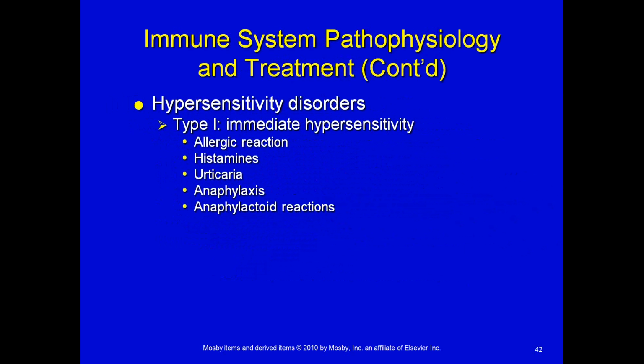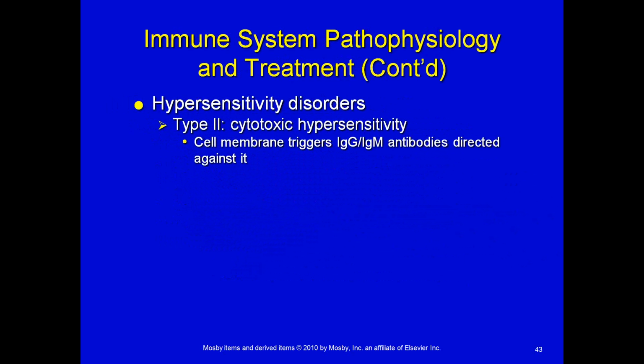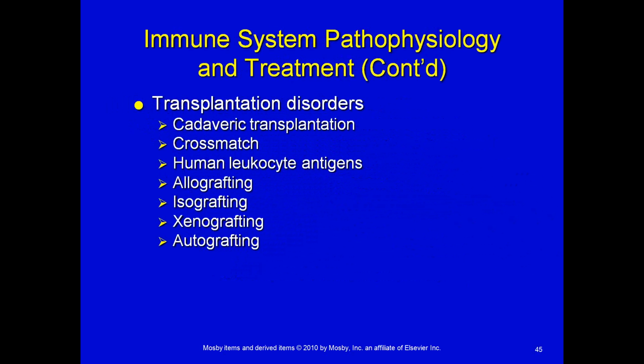The vessels fully dilate, and then if the hypersensitivity reaction continues, then the capillaries begin to weep plasma into the interstitial space. They start third spacing, and that's where it becomes shock. There are some transplantation disorders that are part of the immune system pathology as well.